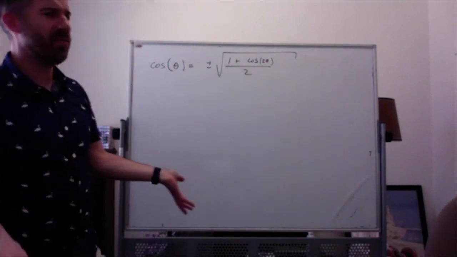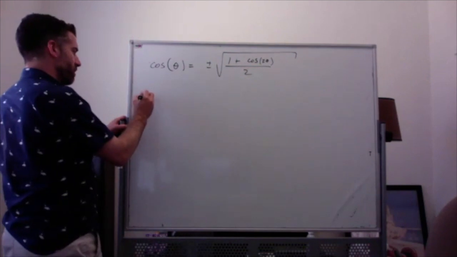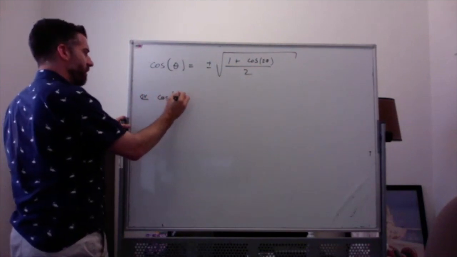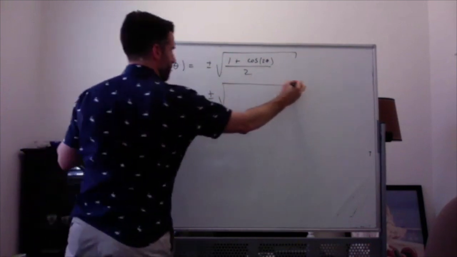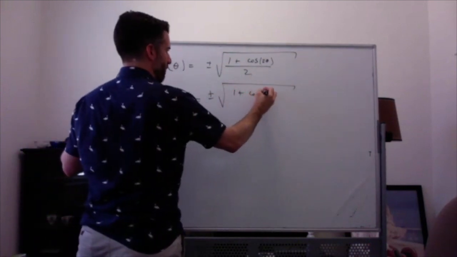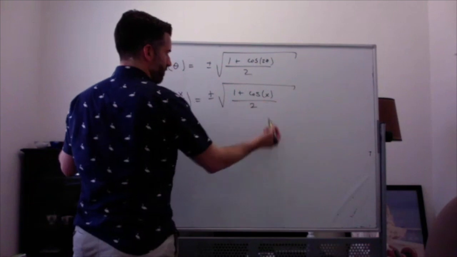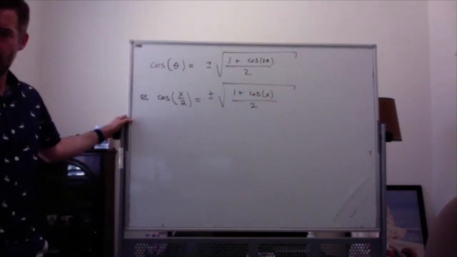Some people like to do a different thing where they say cosine of x over 2 is equal to plus or minus the square root of (1 plus cosine of x) all over 2. To me, I find this confusing.